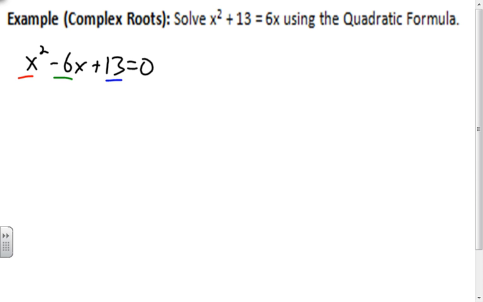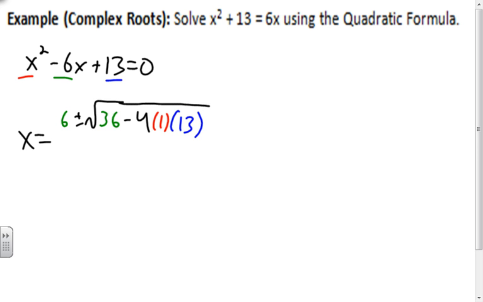So we say that x equals negative b, which is 6, plus or minus square root of b squared. So negative 6 times negative 6 is 36, minus 4 times the value of a, which is 1, times the value of c, which is 13. All of that over 2 times the value of a, which is 1. So that'll give us our solutions.